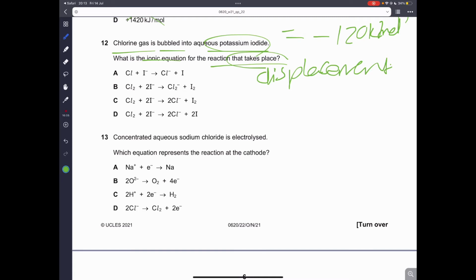And so we can say that the ionic equation is going to be chlorine plus iodide ion. So chlorine is going to go into the aqueous solution, so it's going to turn into an ion, while the iodide ion is going to be forced out of the solution by the chlorine, so it's going to turn into iodine.